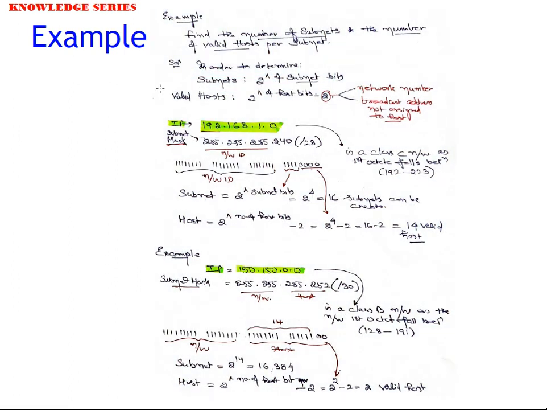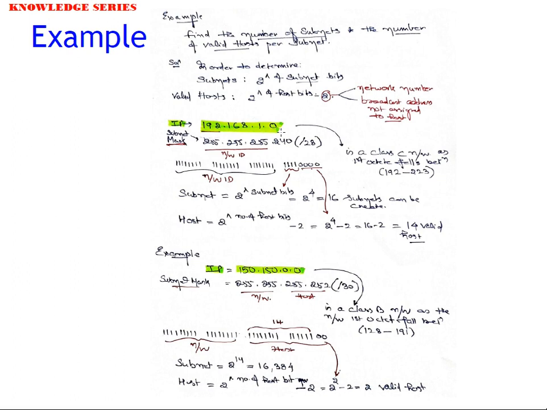And for valid hosts, it is 2 to the power of number of host bits minus 2. Why minus 2? Because the network number and the broadcast address are not assigned to hosts.